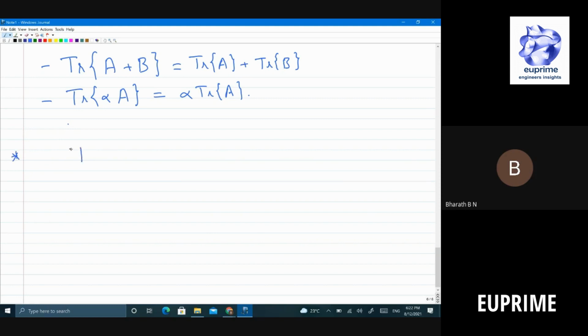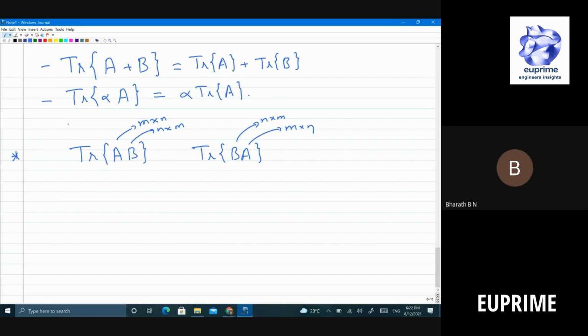Now let me ask, maybe I'll write this. I have two matrices A and B. I'll take the trace of AB and the trace of BA. Of course, A is m cross n, B is n cross m. So BA is n cross n, and AB is m cross m. What can you say about the traces of these two?